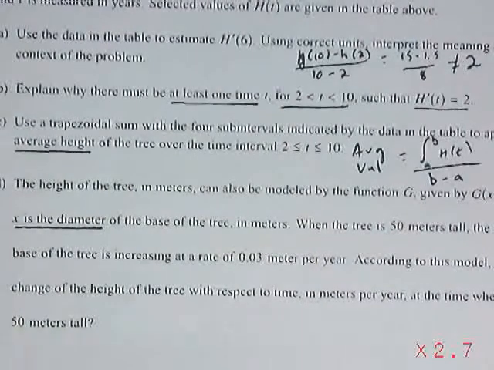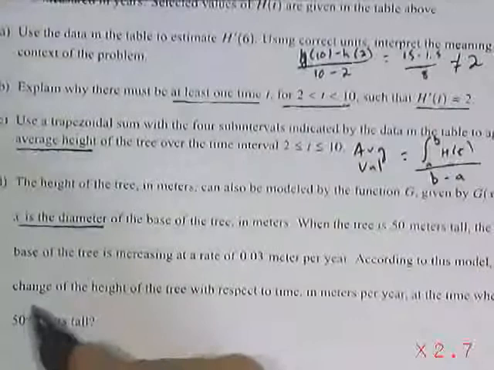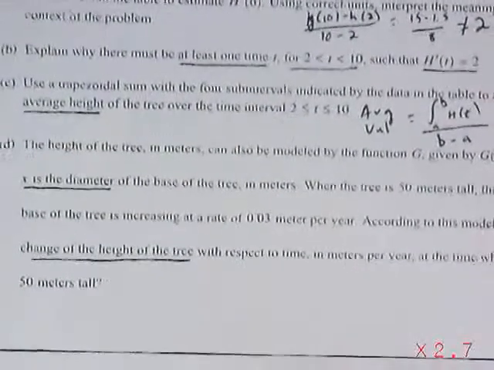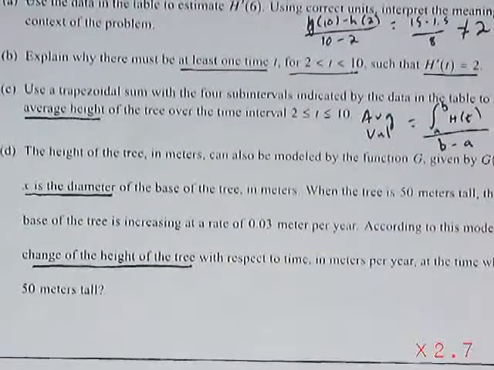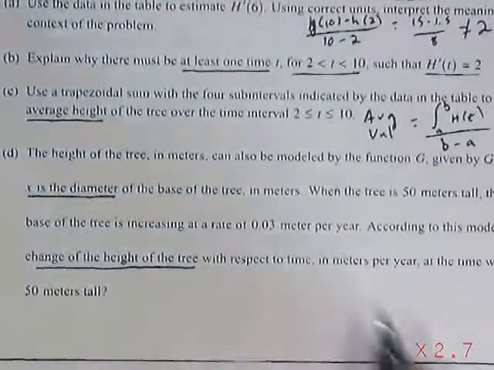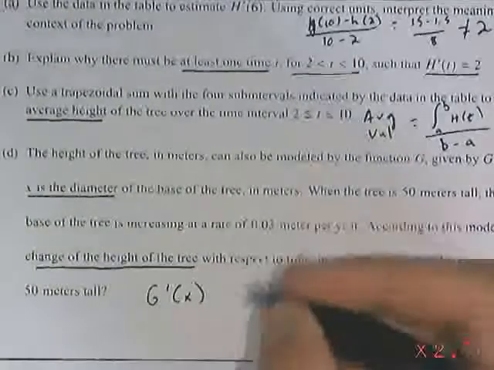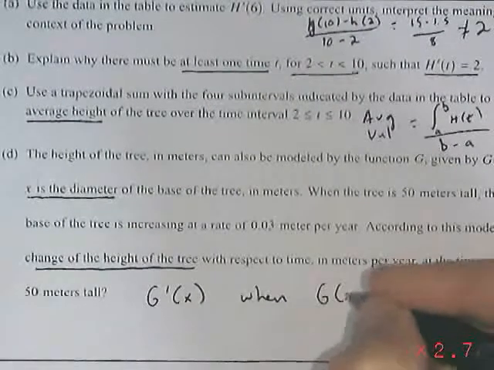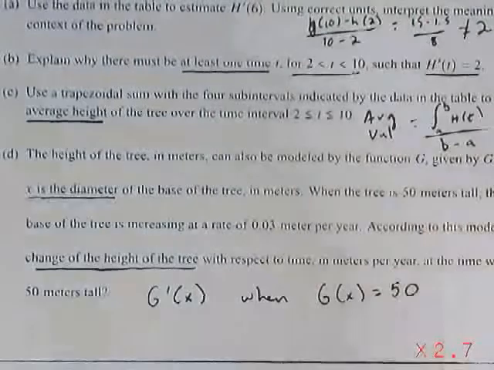Okay, so what they're actually asking us for is the rate of change of the height of the tree with respect to time when the height of the tree is 50 meters tall. So they want to know g prime of x when g of x equals 50.